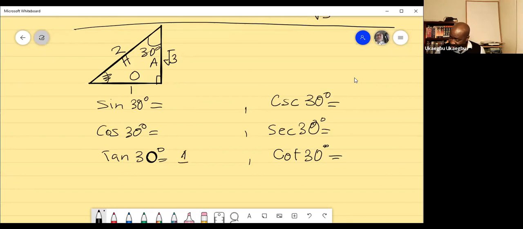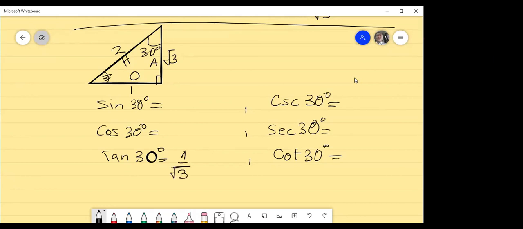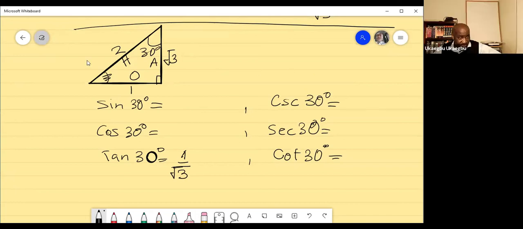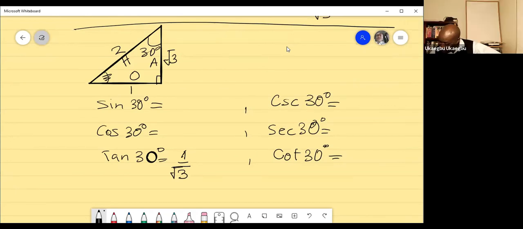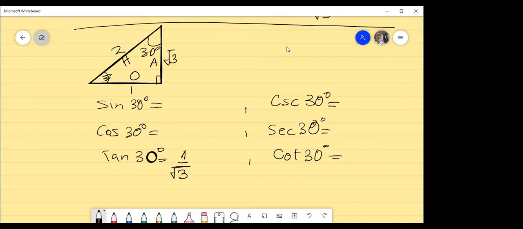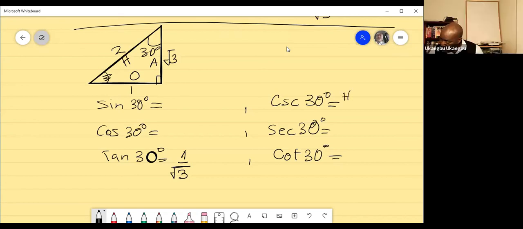Next person who hasn't said something. Carlos, go. For which one? For secant 30 degrees, 2/1. That's correct. You said cosecant 30 degrees is 2/1, right? The first one on the right side. And you want sec?